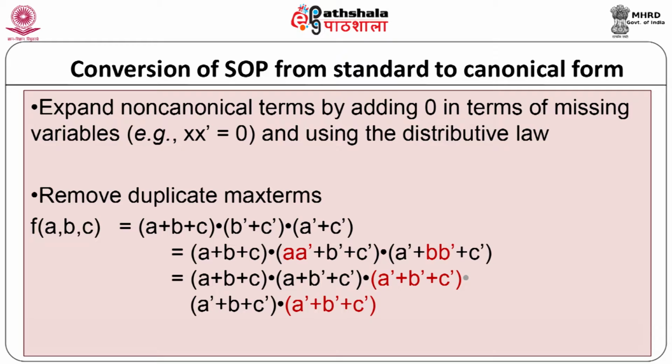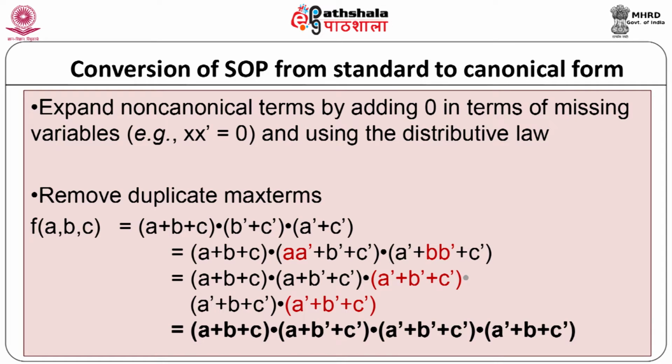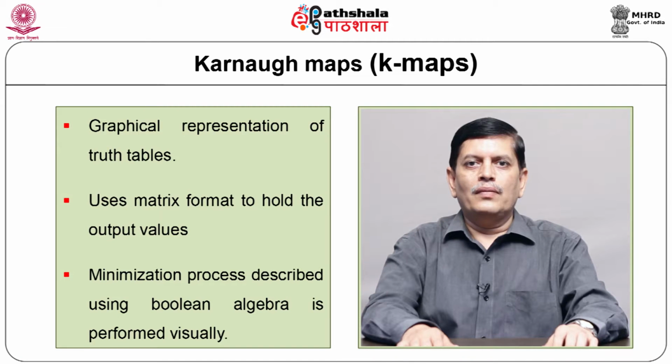What we get is all these terms could be expanded using distributive law, and finally, the product of max term contains 4 terms. So, this is the way we convert the product of sum form in standard one into canonical one.